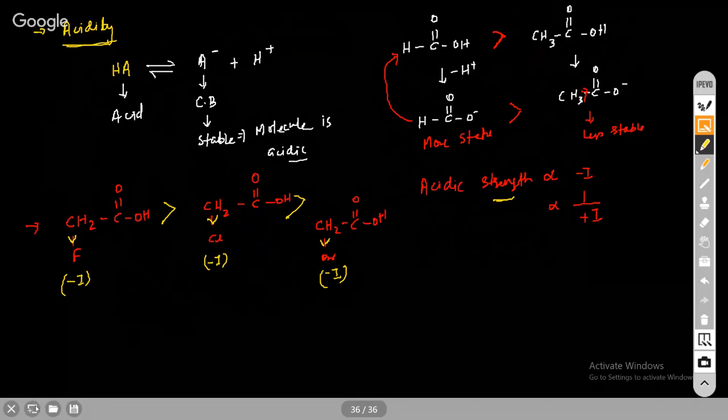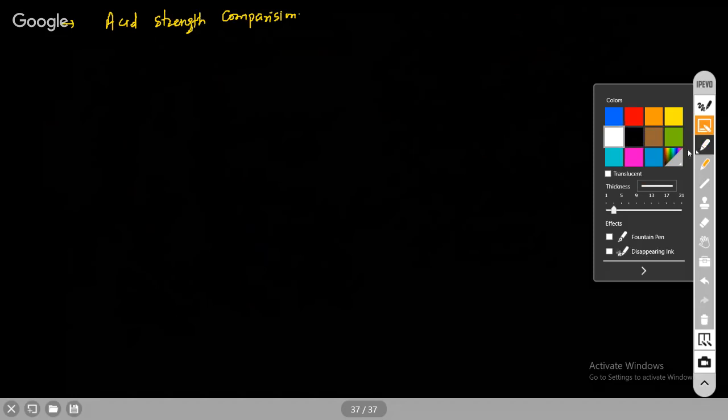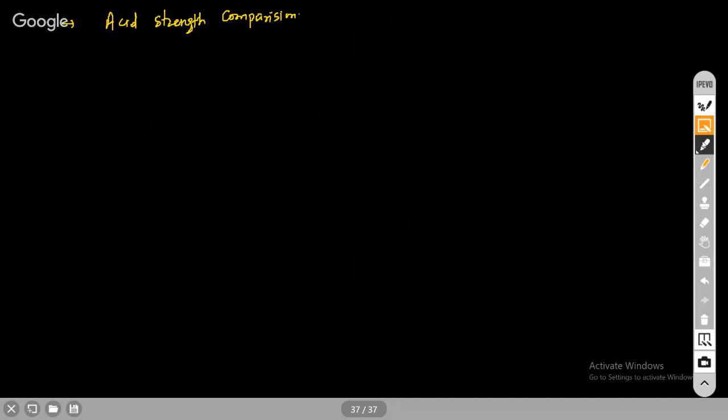Okay, now you see the question asked in the exam generally has two to three different natures. So now we are doing the acidic strength comparison. First of all, to understand the acidic strength, we have to compare the stability of its conjugate base.